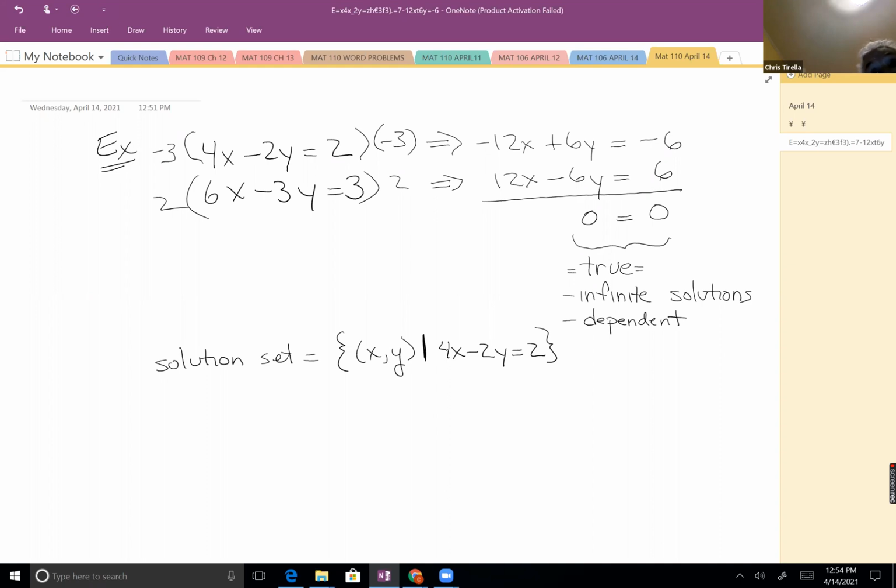Is everybody all right with the difference between dependent, when the variables disappear and you get a true statement, and inconsistent, when the variables disappear and you get a false statement?